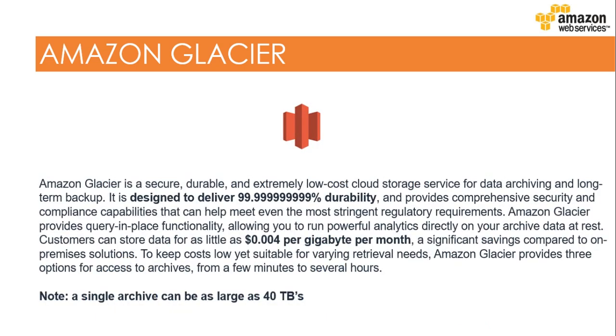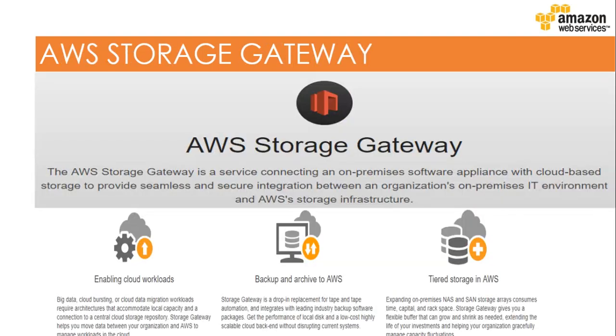Amazon Glacier is designed to deliver 11 nines durability, and the cost is $0.004 per gigabyte per month. Another thing to remember: a single archive can be as large as 40 TB, not more than that.